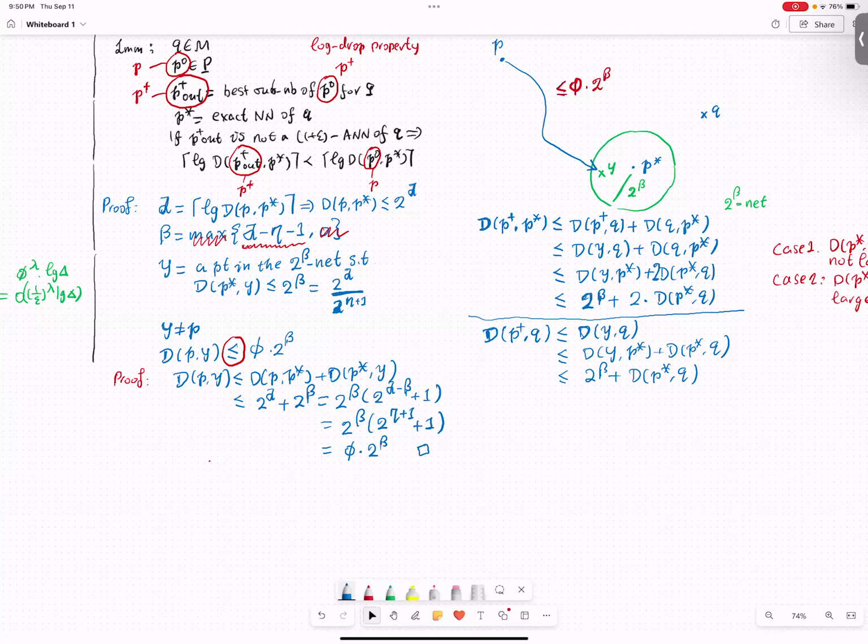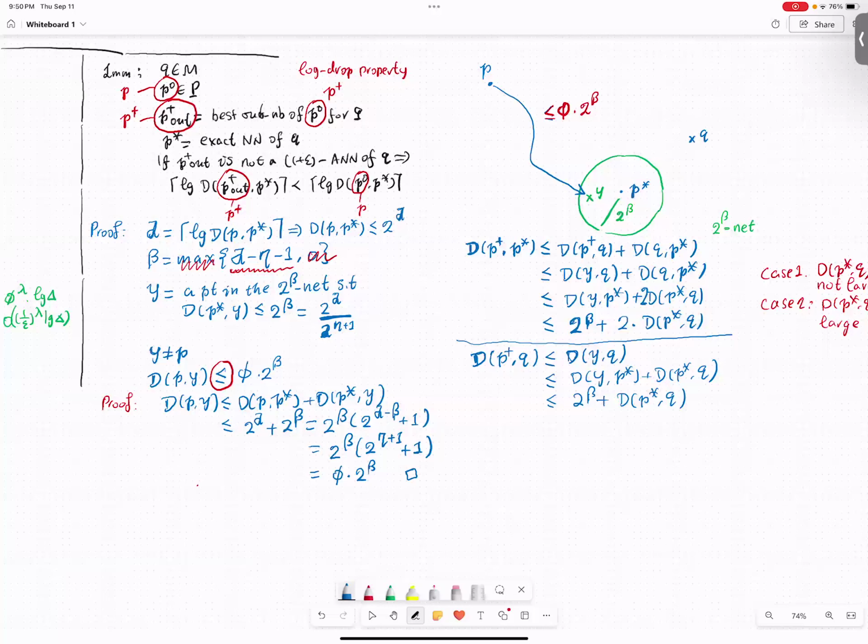So now you should be convinced that y is indeed an outneighbor of p. So what's the takeaway from this? The takeaway is that there is this beta value, and this beta value should be selected in a very careful manner. Once you've got this, you can argue that this y is definitely an outneighbor of p. Good.